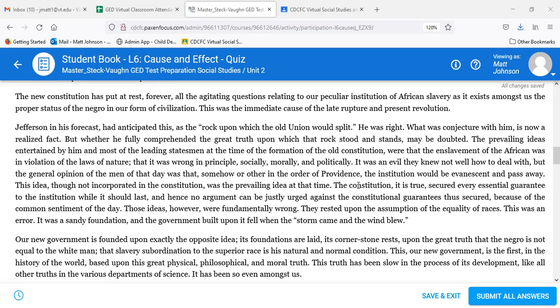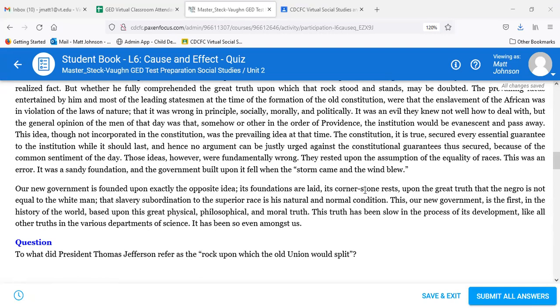It was a sandy foundation, and the government built upon it fell when the storm came and the wind blew. Our new government is founded upon exactly the opposite idea.